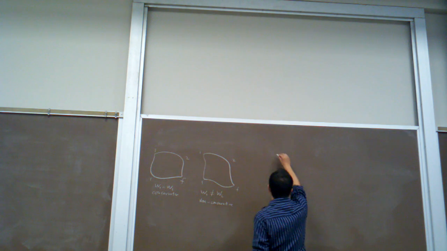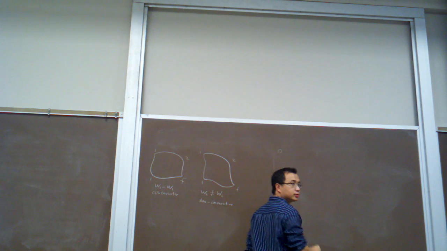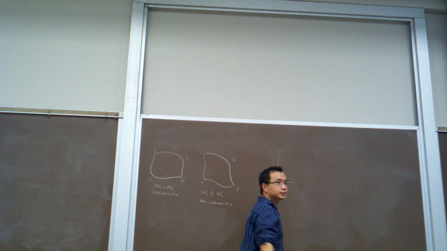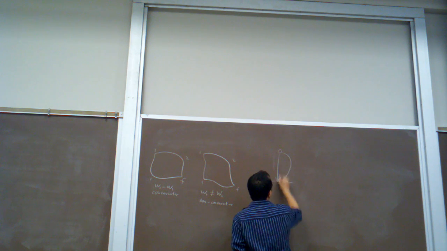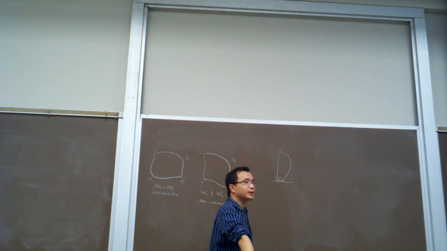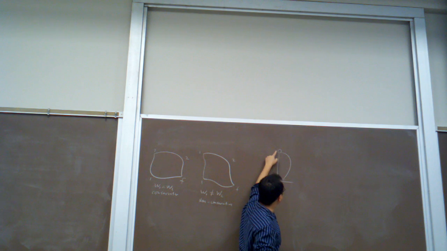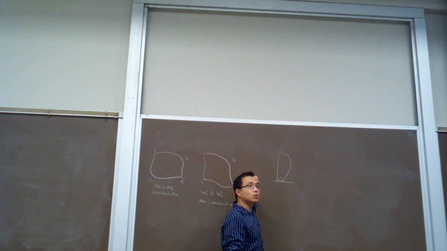If you have some object undergoing free falling from here to here, or it undergoes some other path from this point to this point, if you calculate the work done by the gravitational force, you will get the same value, and you will see that it only depends on the height change. So from here to here, or along this path, it doesn't make any difference when you calculate the work.